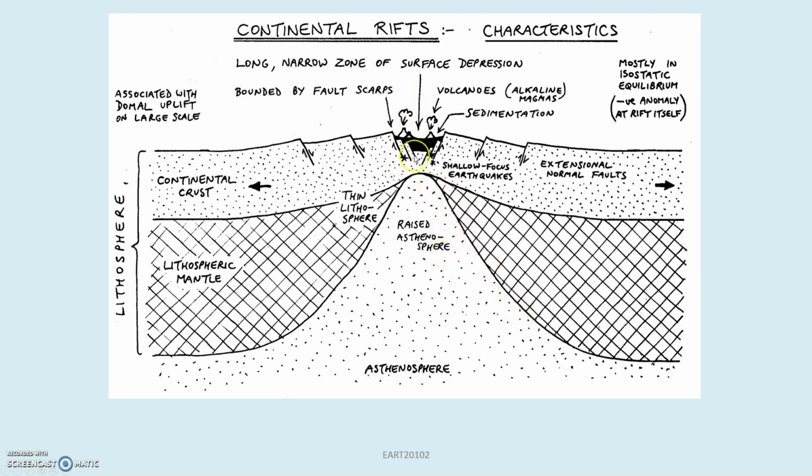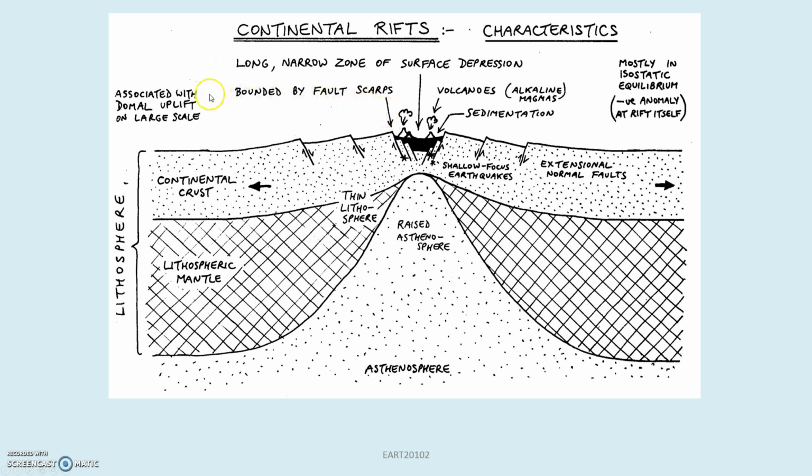Okay, which causes uplift, so long wavelength doming of the crust due to this higher temperature, lower density material that is below the rift, causing isostatic uplift, and so to be in gravitational equilibrium, this has to uplift.